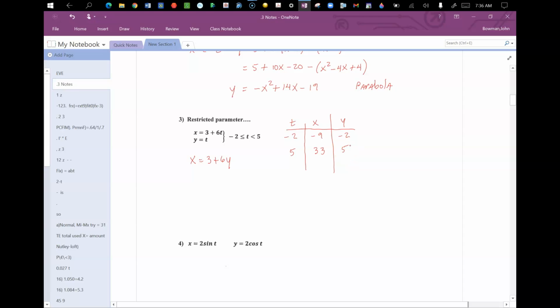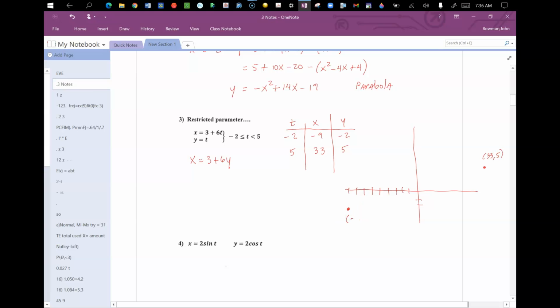So that tells me that at time t equals -2, the x-coordinate is -9, the y-coordinate is -2, and at time 5, the x-coordinate is 33, and the y-coordinate is 5.